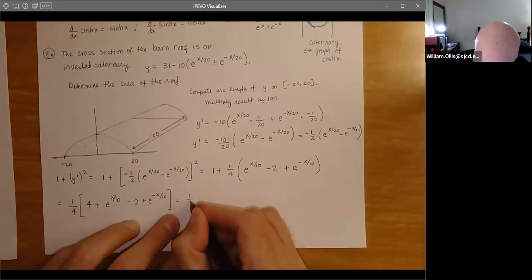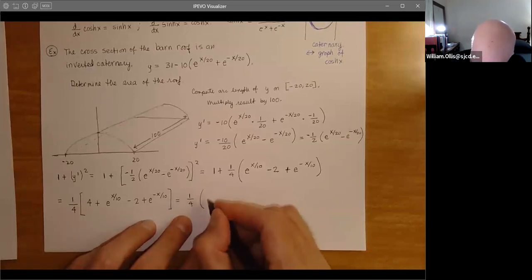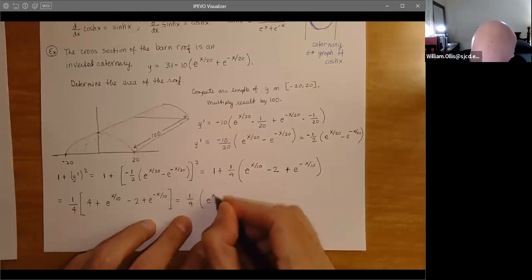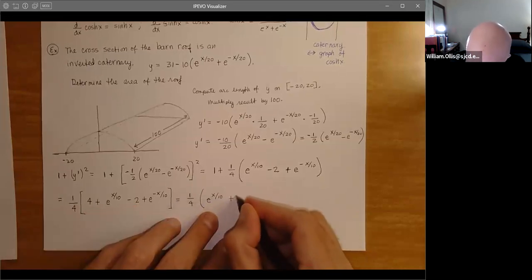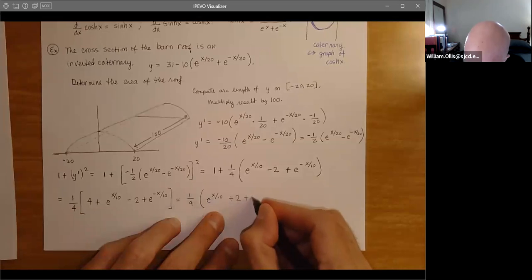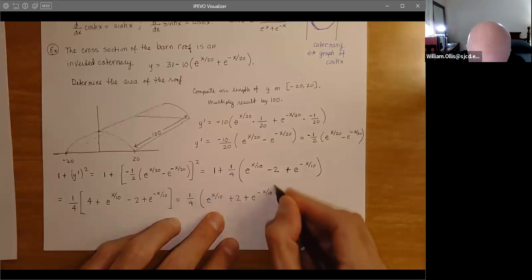So now we have a 1/4, and we can combine and write in descending order, if you like, e to the x over 10 plus 2 plus e to the negative x over 10.